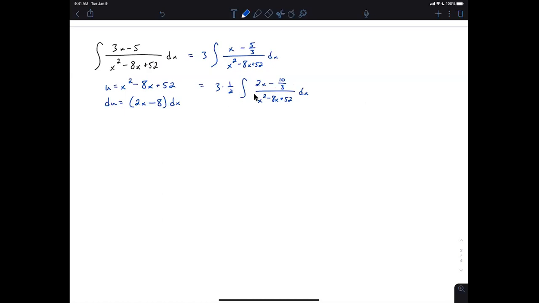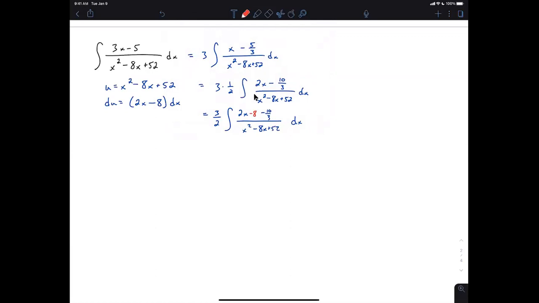I'm going to do this in red. We'll go ahead and make that 3/2. So we have 2x minus 10/3 over x squared minus 8x plus 52. And now we're going to put in the 8 that we want. Now you're for sure not allowed to subtract 8 from a problem at random.